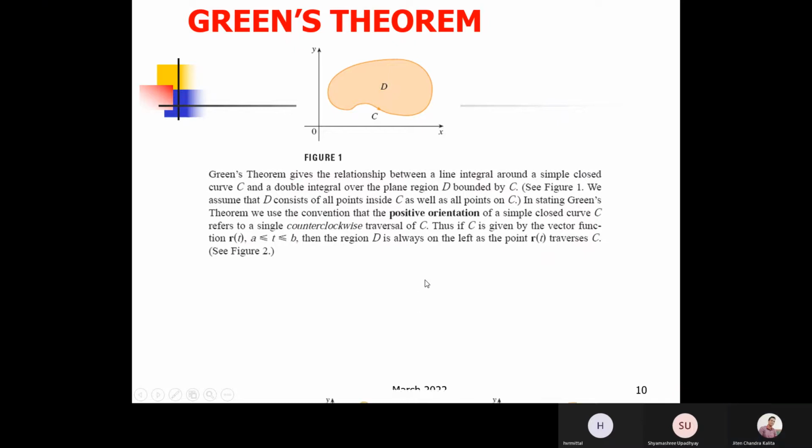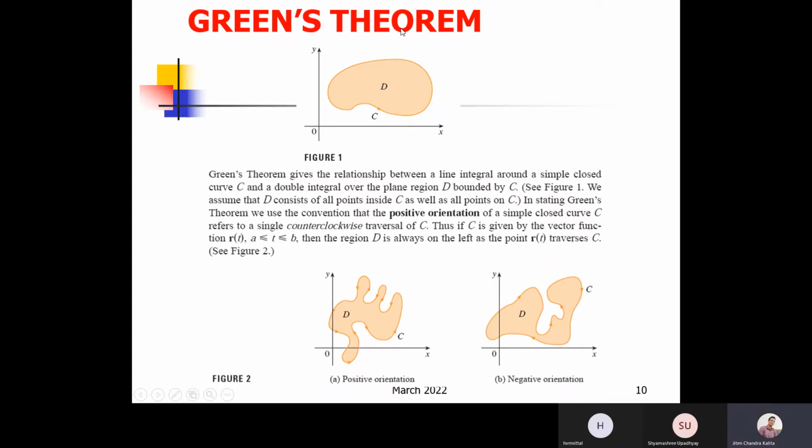So here, firstly, we are talking about curves having positive orientation. Here you can see that this one is having positive orientation. And of course, we are talking about a simple closed curve which bounds the region D. So here you can see this is positive orientation and this is negative orientation, because here the region under consideration is always towards your right.